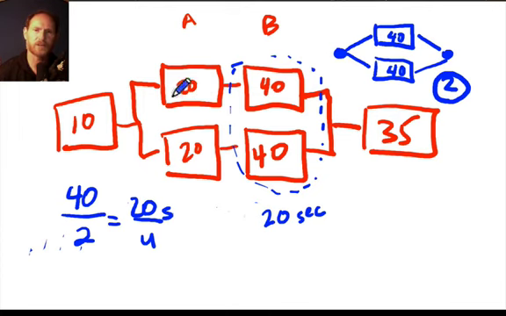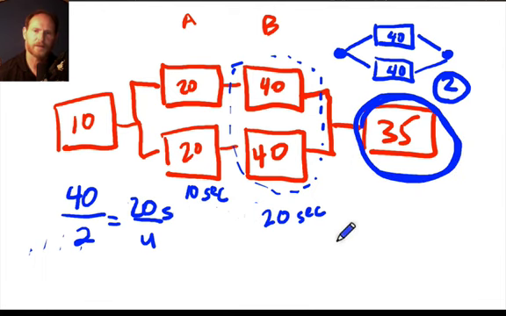That doesn't change our throughput time, okay, because the throughput time is based for one item going through. Conversely, this is going to be 20 seconds per 2 units, so that's going to have a combined process time of 10 seconds. But by this logic, this is the bottleneck.